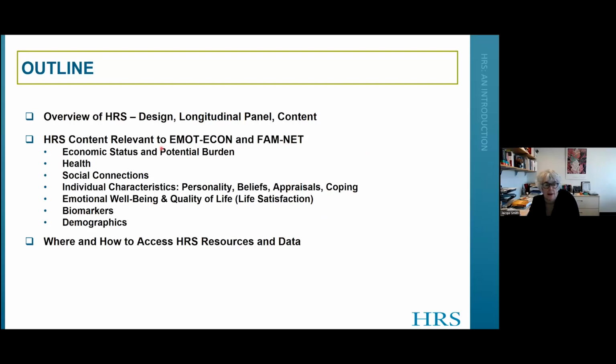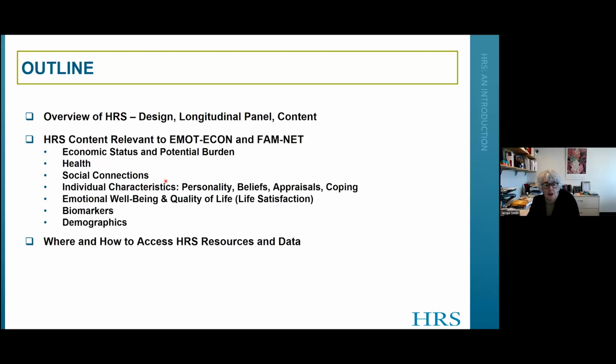So I'll talk a little bit about all the data that we have on economic status and the financial burden that people have. I added in health because that's actually very important, also a predictor in terms of emotional well-being. Social connections are also linked to emotional well-being.